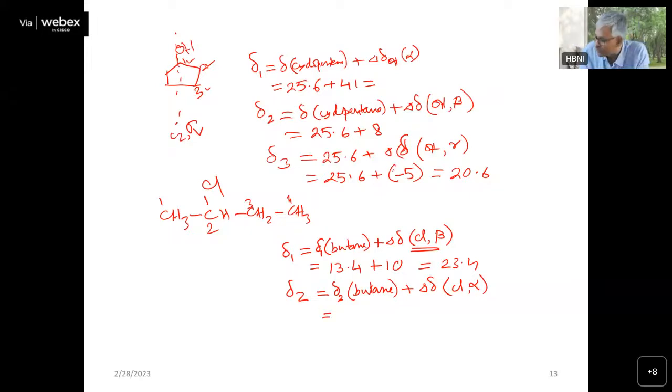So delta butane is, if you see, that is 25.2 plus that is your, it is now an internal chlorine, so that is 41. We know it's 41.